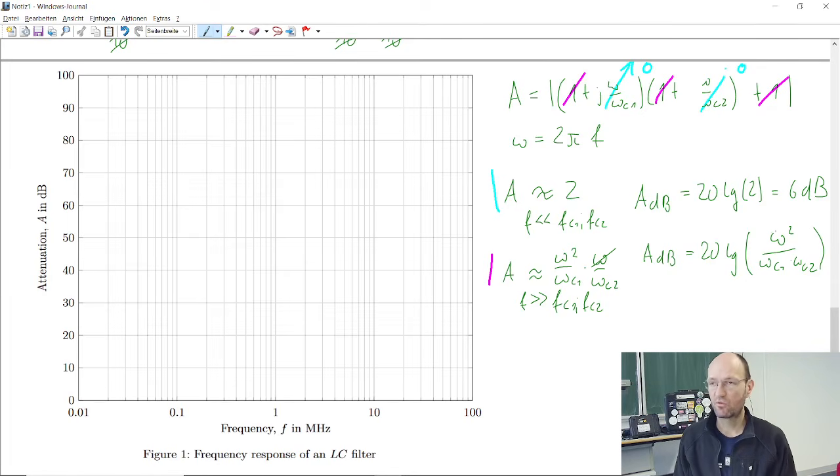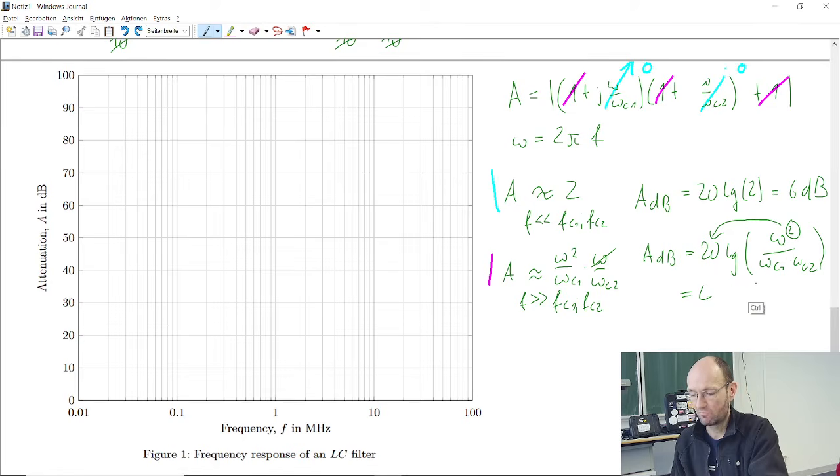What could I possibly do with this to simplify it a little bit? Yeah, take the 2 out and move this 2 to the front. And so then we get 40 dB.